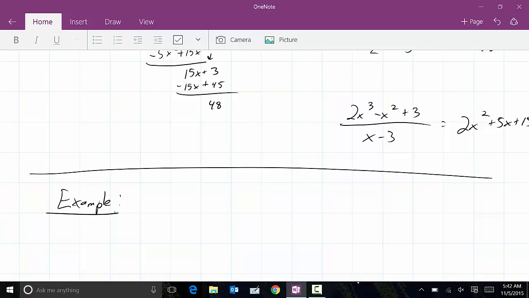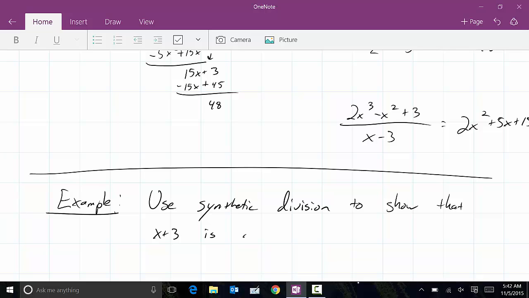So let's look at an example here. This says use synthetic division to show that x plus 3 is a factor of 2x to the power 5 plus 5x to the power 4 minus 2x cubed plus 2x squared minus 2x plus 3.